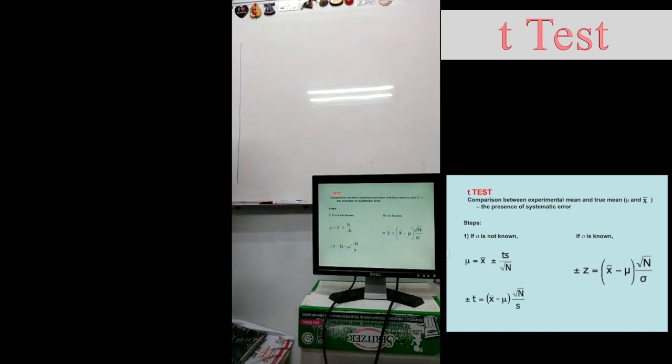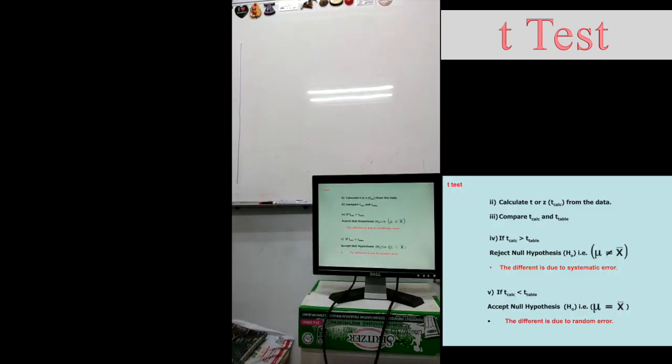So for the t-test, we rearrange the formula into this one. This is the t, which is the x mean minus mu, and then this is the formula. Then calculate t or z.